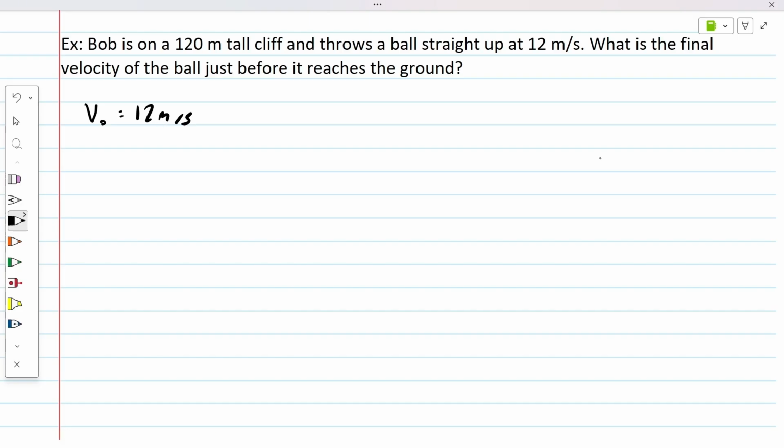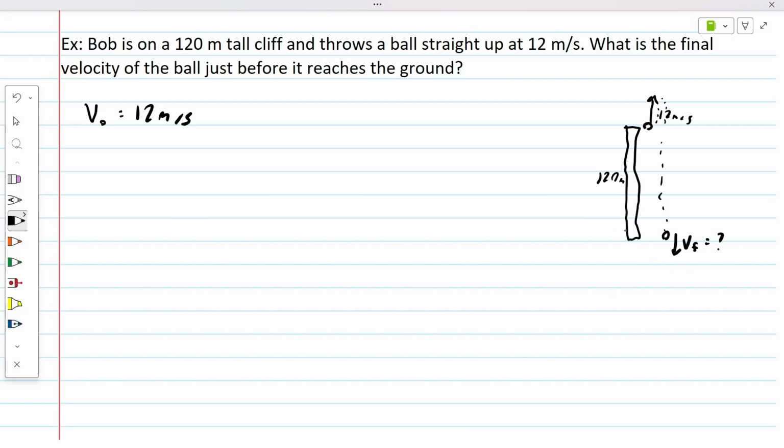So to make this a little clearer, I'm going to start by drawing my picture. Let's say we have a little cliff here that is 120 meters, right? The ball starts here and is thrown up at 12 meters per second, and it goes up, and then it comes all the way back down, and right before it hits the ground, it has some velocity final, and that's what we're trying to find.